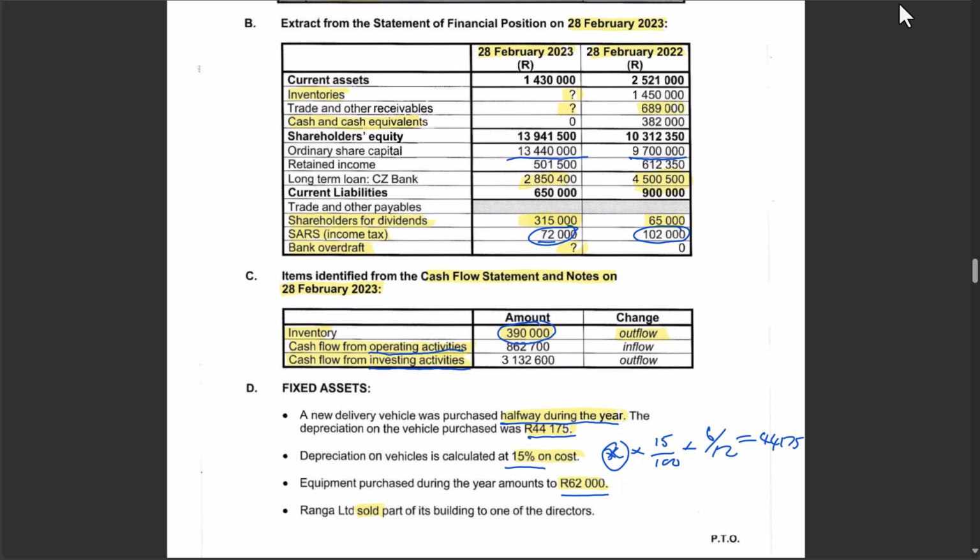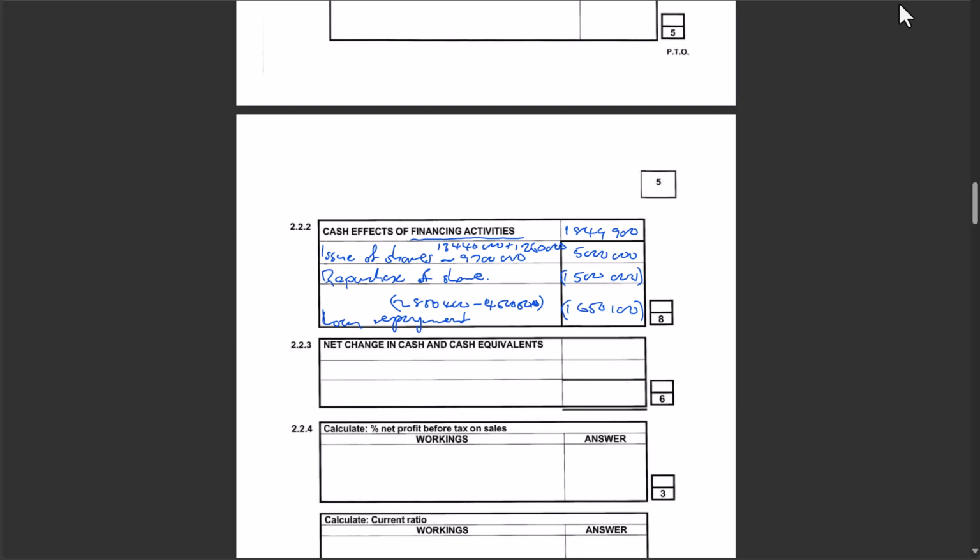That will be 862,700. I'm taking this figure because they said it's an inflow, minus 3,132,600 because they said it's an outflow. Then if you go to our solution, in working out, whatever figure that we came up with, just use it.